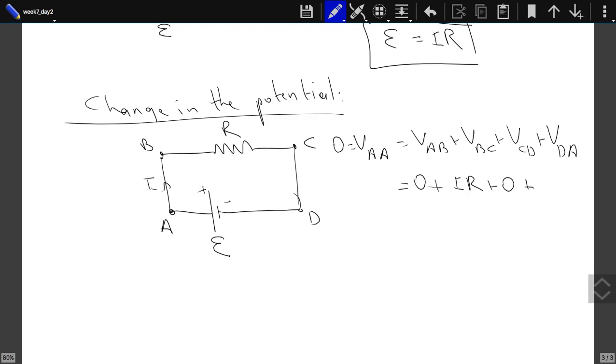But I can also say the same thing as there is a potential drop of minus epsilon. So adding epsilon is the same thing as subtracting minus epsilon. So the potential drop is minus epsilon. So this should be 0, and again we obtain the same result. Epsilon is equal to I times R.